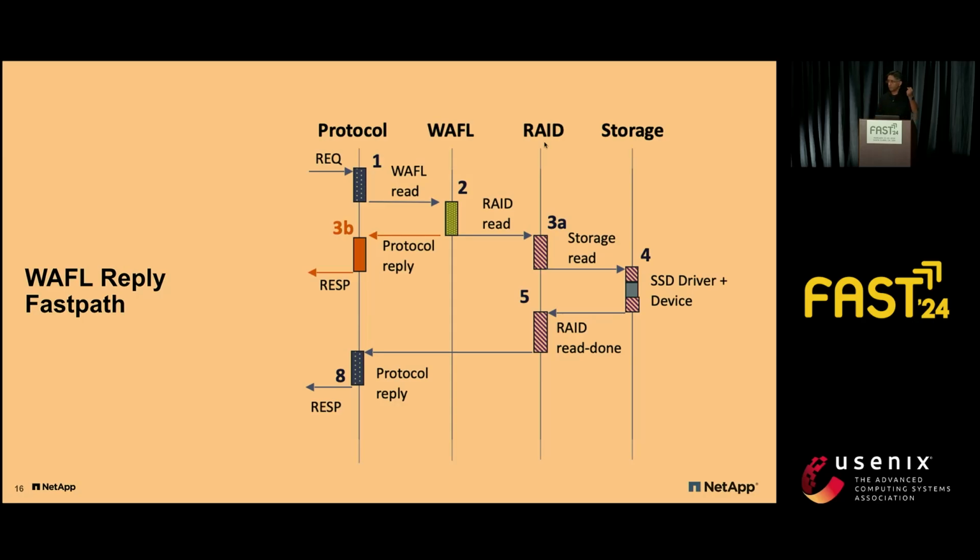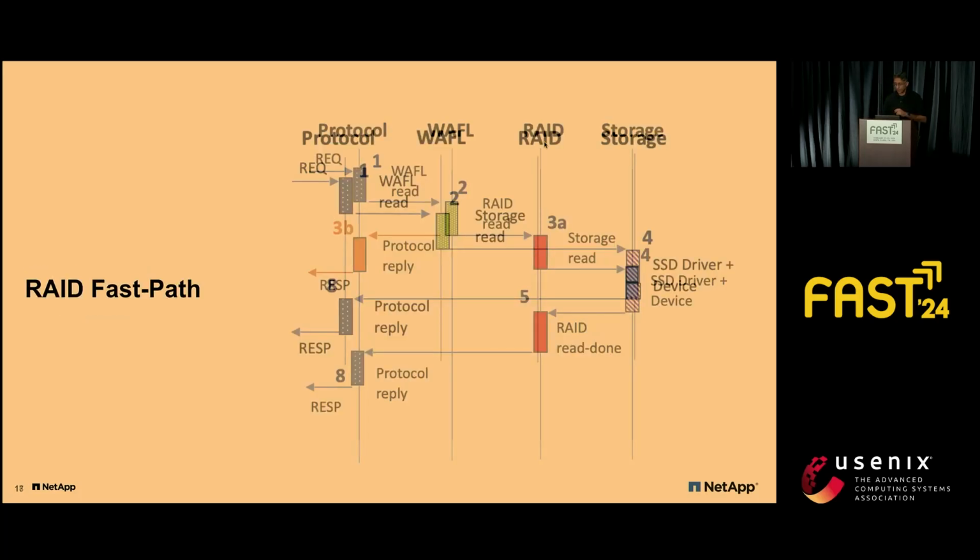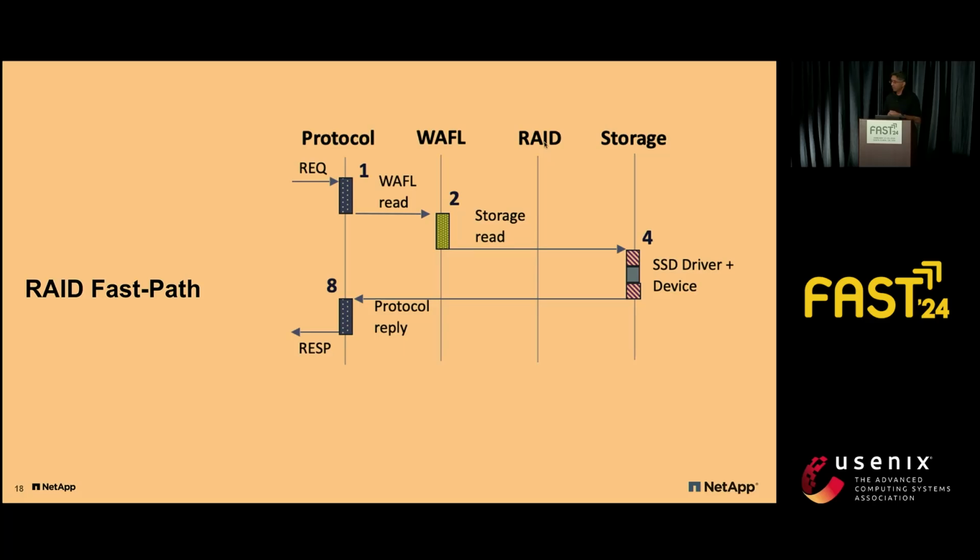Some code running in Waffle looks up those translations and finds the mappings and talks directly to the storage thread. On the return path, the storage thread is able to call some API to do the checksum and integrity checks, just verification, not correction, right? And the majority of the time, that is all you need. And then the storage thread is able to reply directly to the client, which gives us a stack that now looks like this, much better, much better.